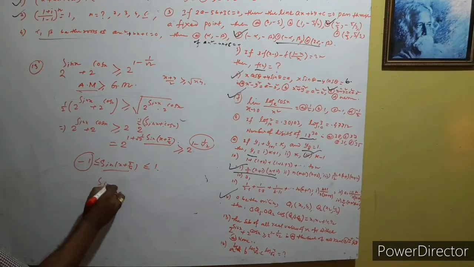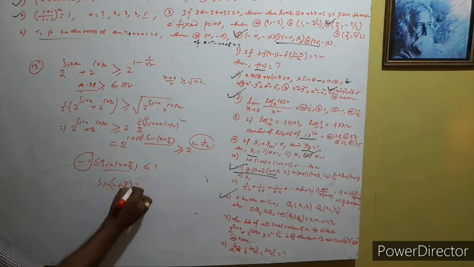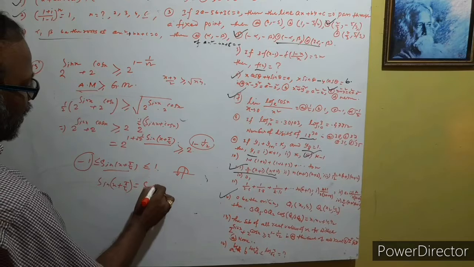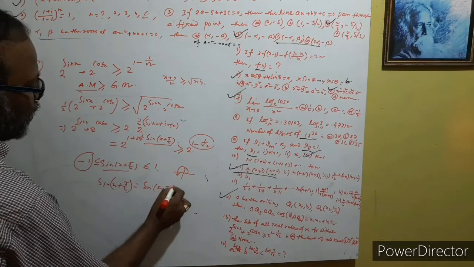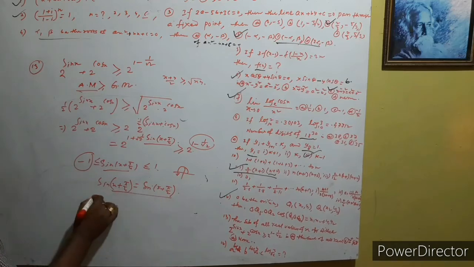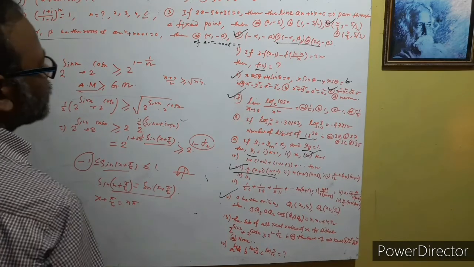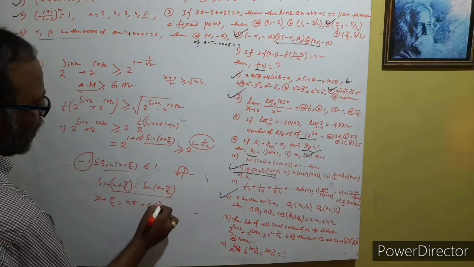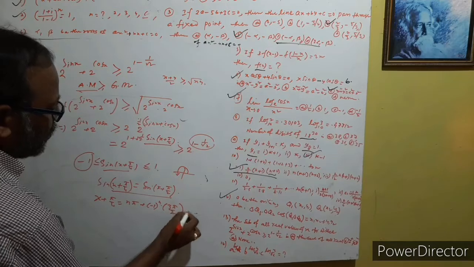Then sine of x plus pi by 4 equals minus 1, in which cell? On the third cell. So that is sine of pi plus pi by 2. So we can apply the solution: x plus pi by 4 equals n pi plus minus 1 whole to the power n into 3 pi by 2.